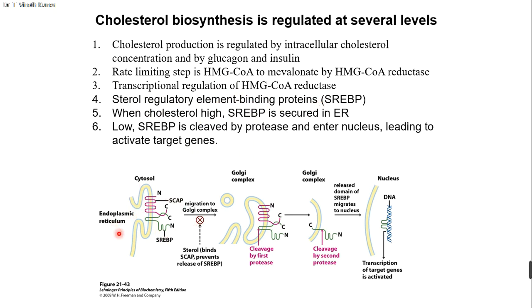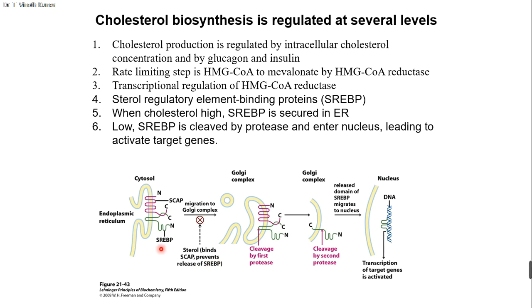If the concentration of cholesterol is normal, you can see the migration to the Golgi apparatus complex. The sterol binds with the SCAP and prevents the release of SREBP.